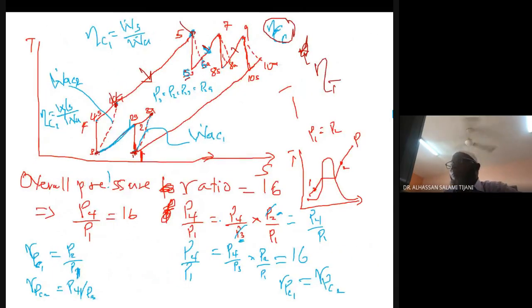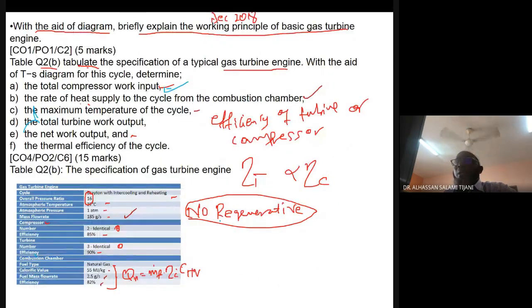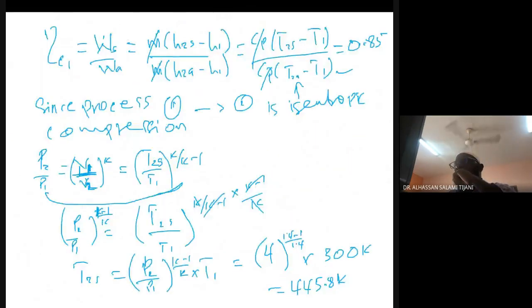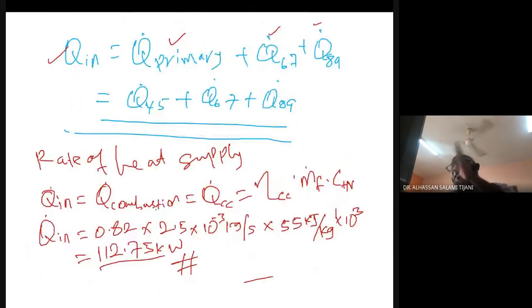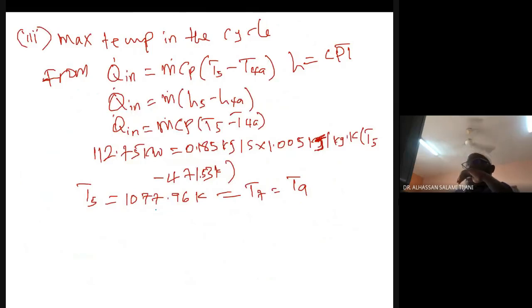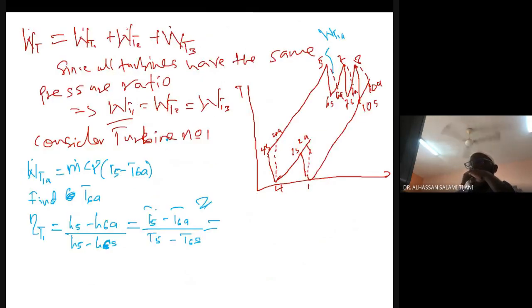Let's see. Yes, isentropic efficiency for the turbine is 90%, and this is applicable for all the turbines. So this is 0.9.